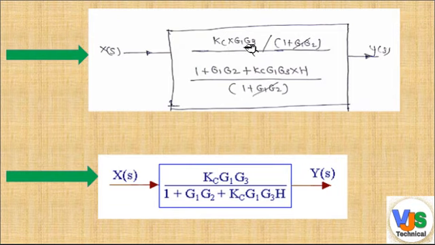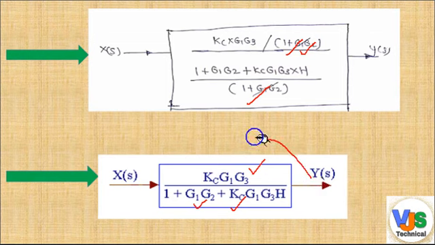Finally, just make the simplification: Kc G1 G3 upon 1 plus G1 G2, over 1 plus G1 G2 plus Kc G1 G3 into H. So these terms cancel and we get the final block, which is the simple forward block Kc G1 G3 upon 1 plus G1 G2 plus Kc into G1 G3 into H. This is a single transfer function, the simplest form of any control system, which we achieve with the help of the block diagram reduction technique, because a transfer function is nothing but the ratio of the output to the input.